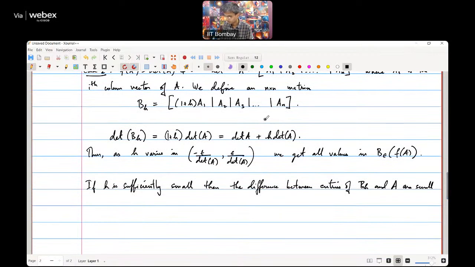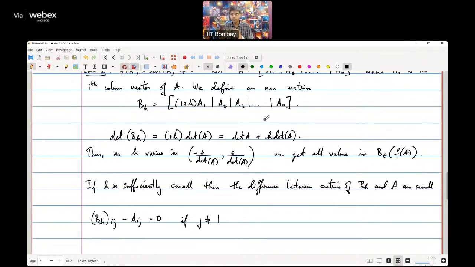Because if I look at the ijth coordinate of BH minus aij, this is equal to 0 if j is not equal to 1.